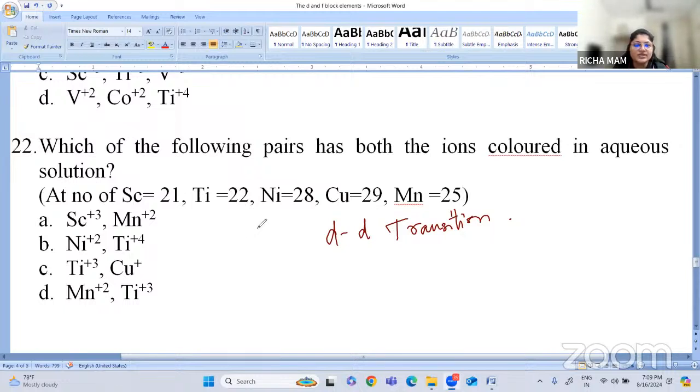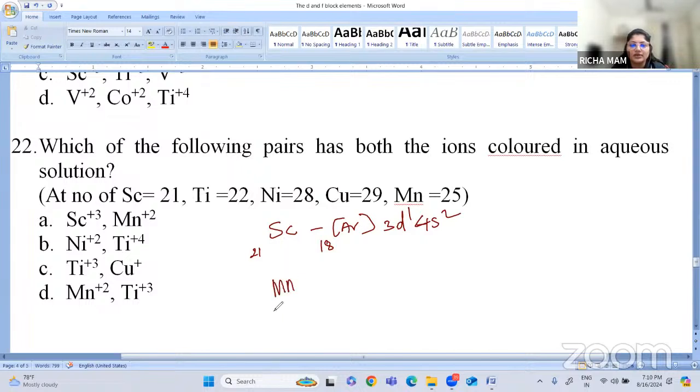Now here, what is the answer? Let us write for scandium first. Scandium is 21, so it is argon 18. Then you have Mn 25.